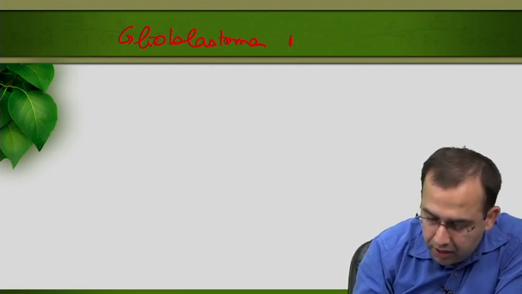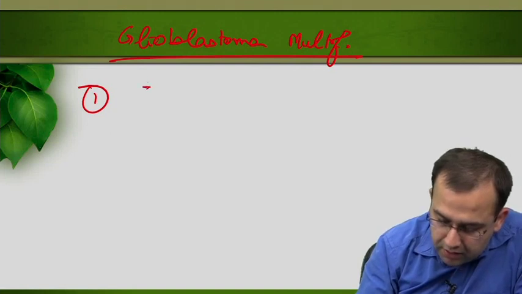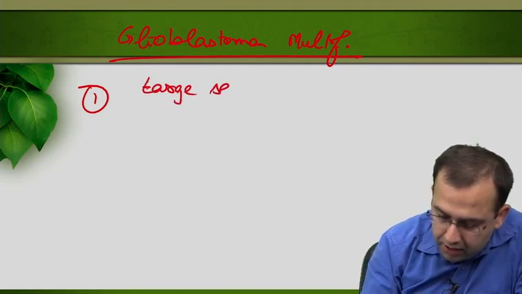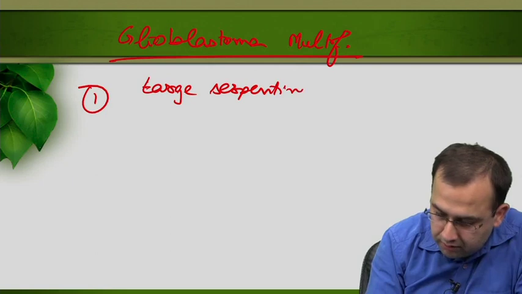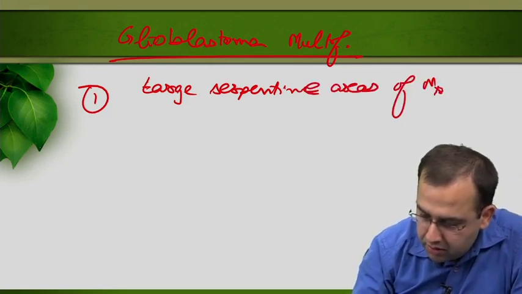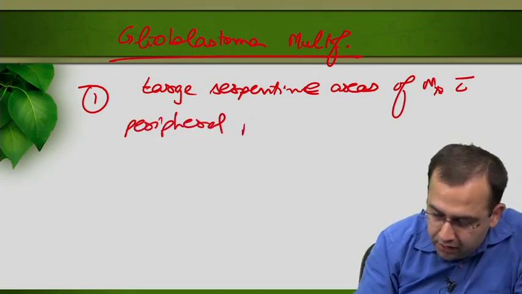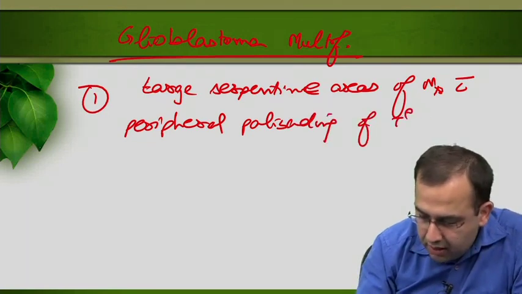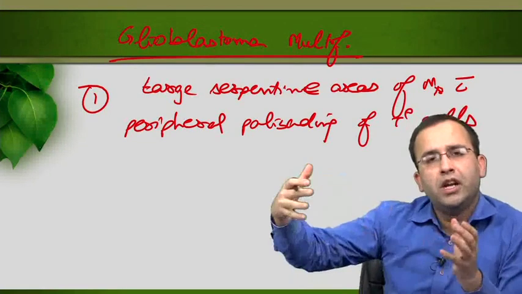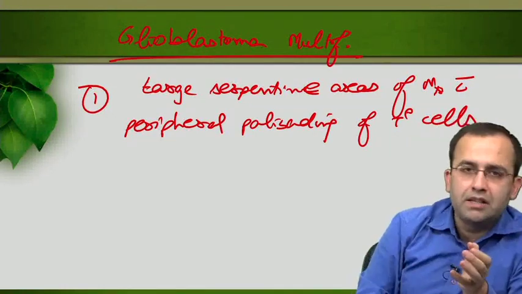Glioblastoma multiforme microscopically shows us two features. First is large serpentine areas of necrosis with peripheral palisading of tumor cells. That means there would be a large area of necrosis around which the tumor cells are present in a palisaded manner.